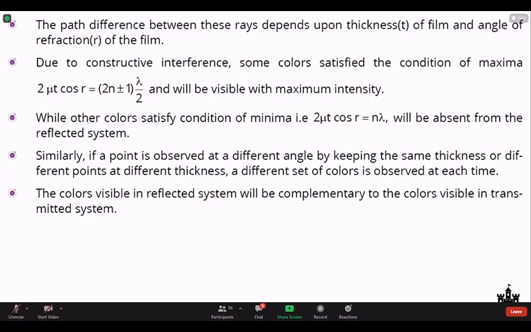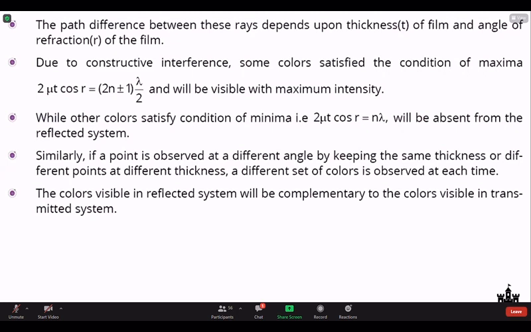If we observe at a different angle while keeping the same thickness, or at different points with different thickness, different colors can be observed. So you can design your materials, the thickness of the layers, and create multiple colors in an object.